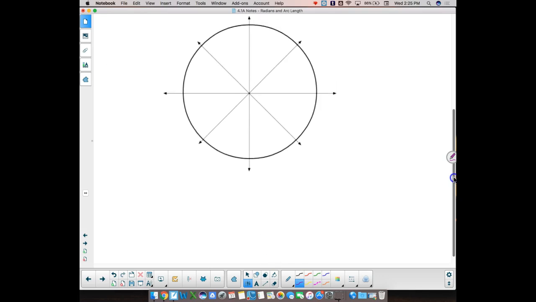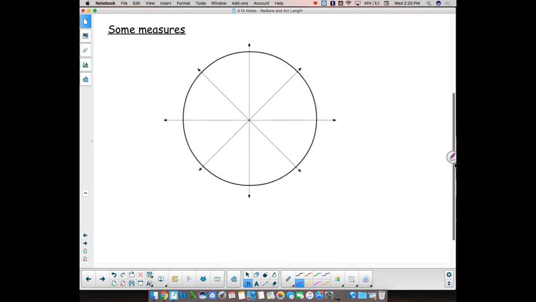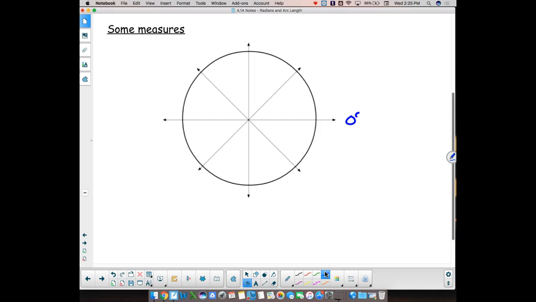Circle gets the square. So we said that this was 0 degrees. We also said that 360 degrees gets me all the way around, right? So this would also then be 360 degrees. Well, what's halfway around the circle then?